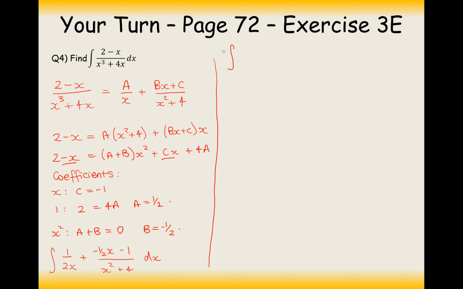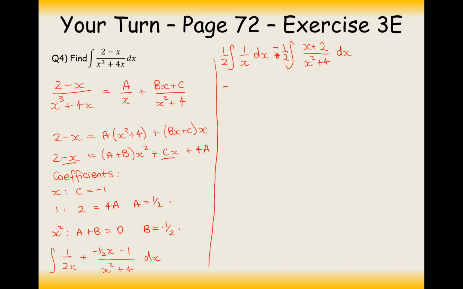So my integral is now going to be 1/2 integral of 1 over x plus the integral of, I'm going to factorise out the minus half to the front, so it'll be minus 1/2 (x plus 2) over x squared plus 4 dx.